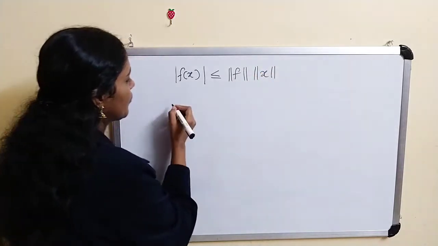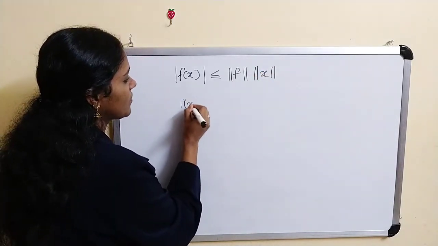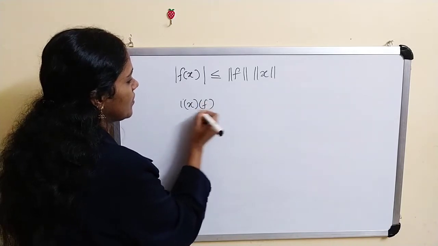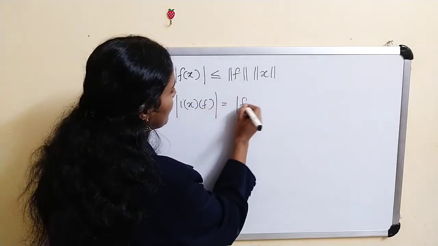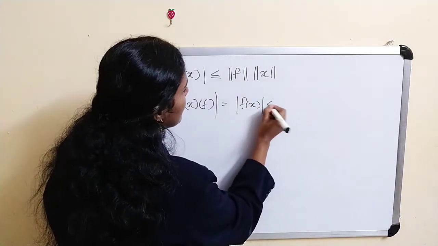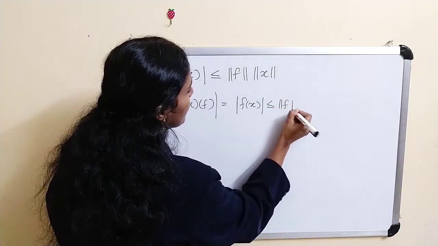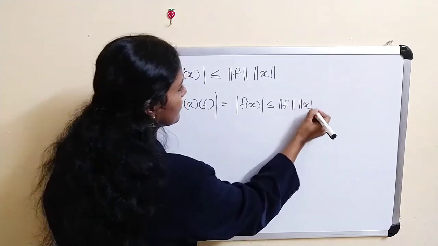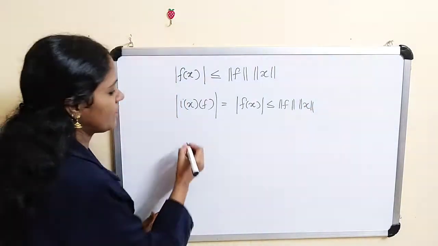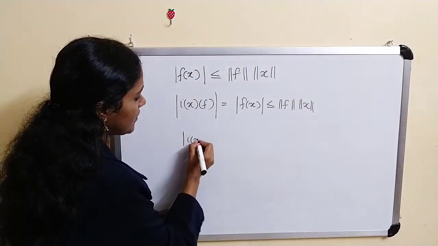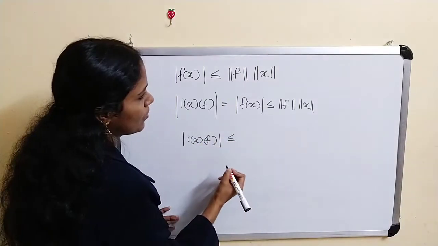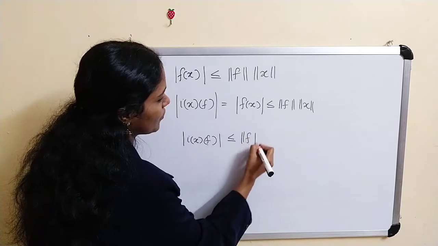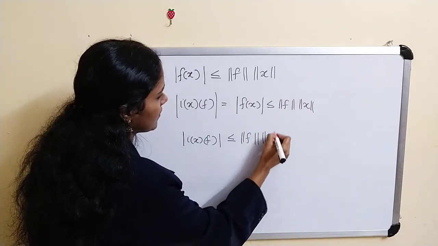Therefore, modulus of I of x of f is equal to mod f of x, and this is less than or equal to norm of f into norm of x. And from this, I x f is less than or equal to norm of f into norm of x.